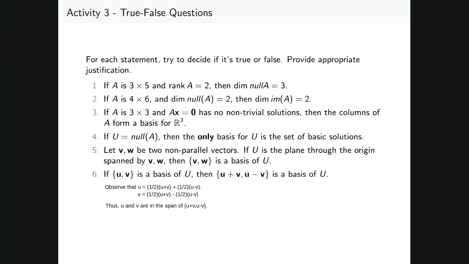Okay, and obviously we have that the reverse is also true. So what we've obtained is that these two sets span the exact same space.